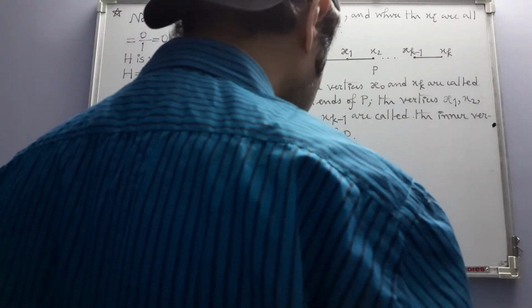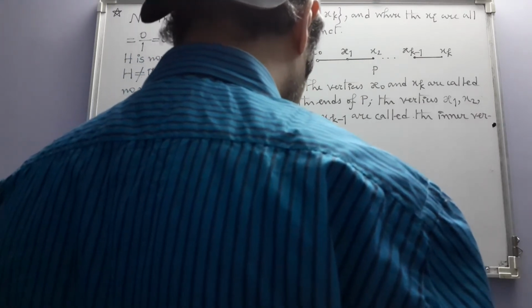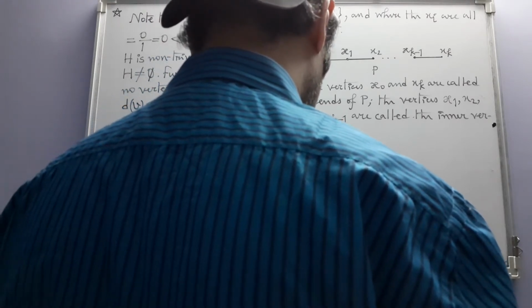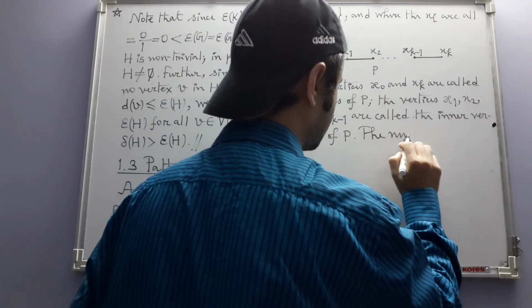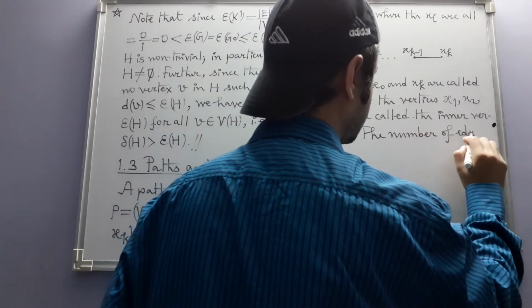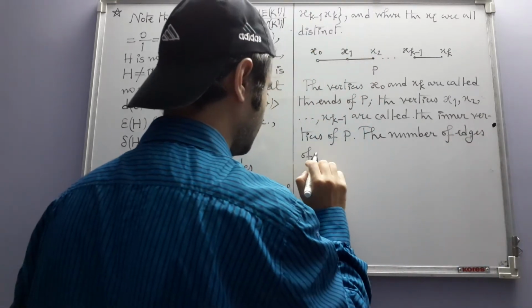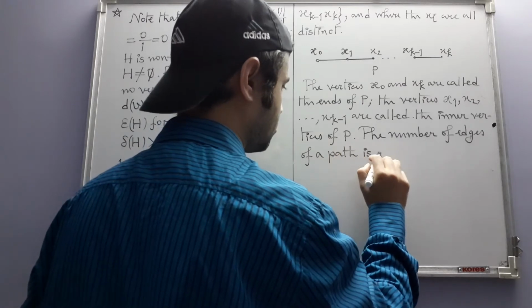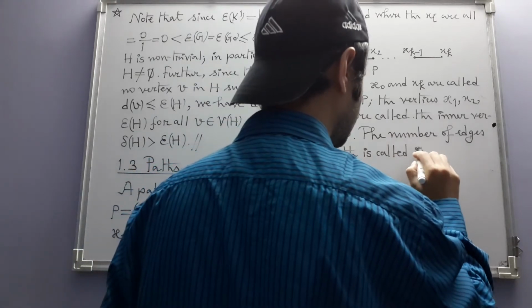From the names we can clearly see and remember what they are. The number of edges of a path is called its length.